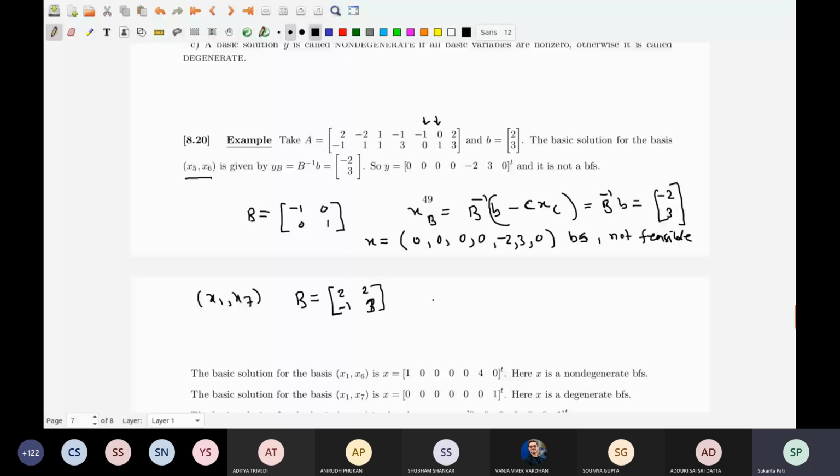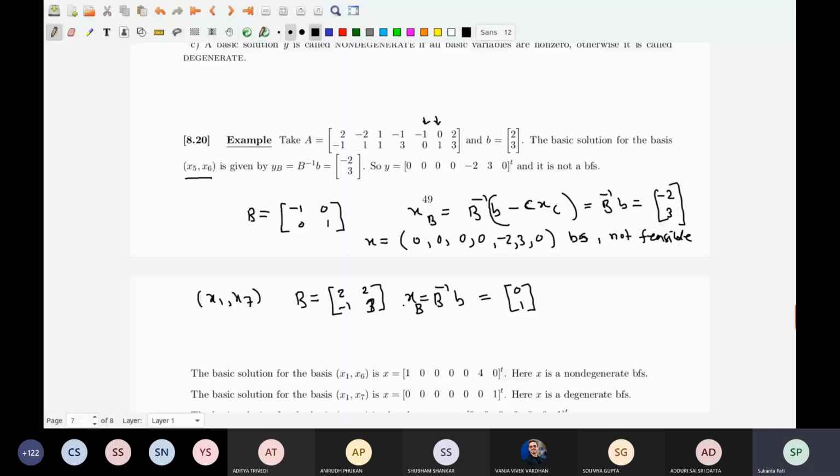So xB is equal to B inverse b. Now B inverse b will be 0, 1. Why? You multiply this with B and you will get 2, 3 only. B is invertible, so that's how it will give you a unique solution. Okay, fine. This is 0, 1.